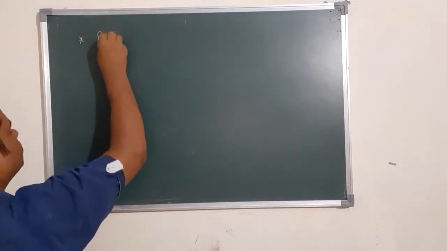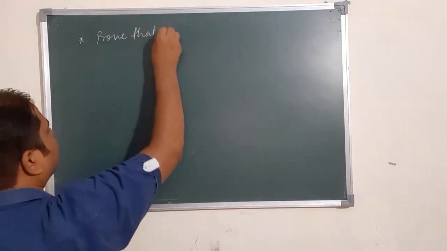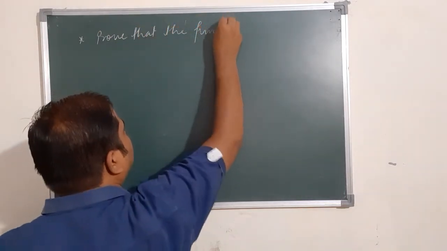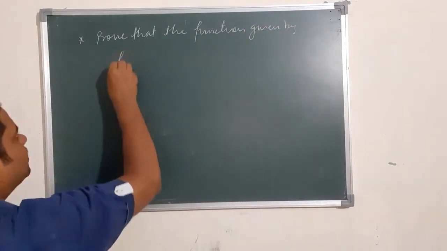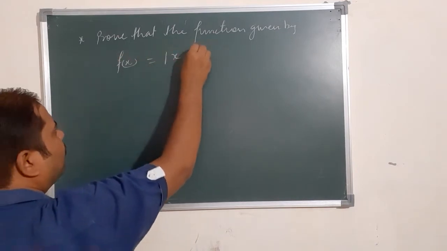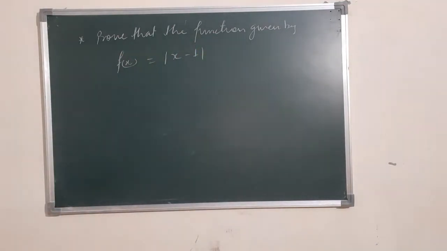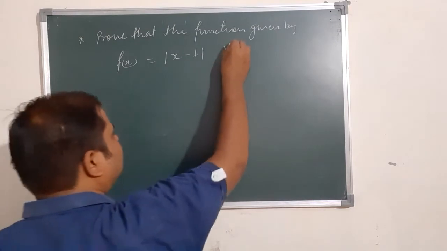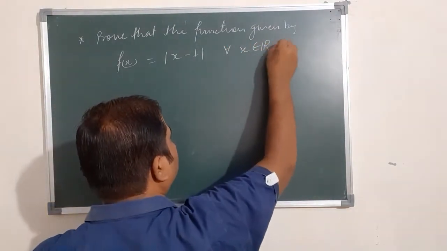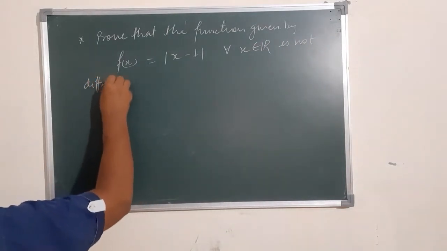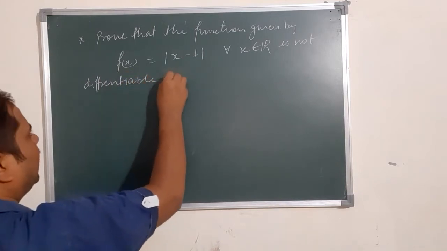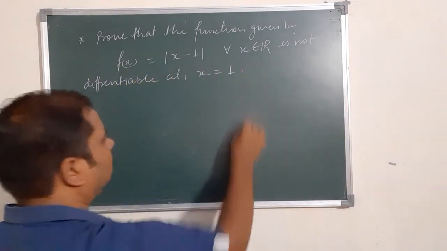Prove that the function given by f(x) = |x − 1|, x belongs to R, is not differentiable at x = 1.